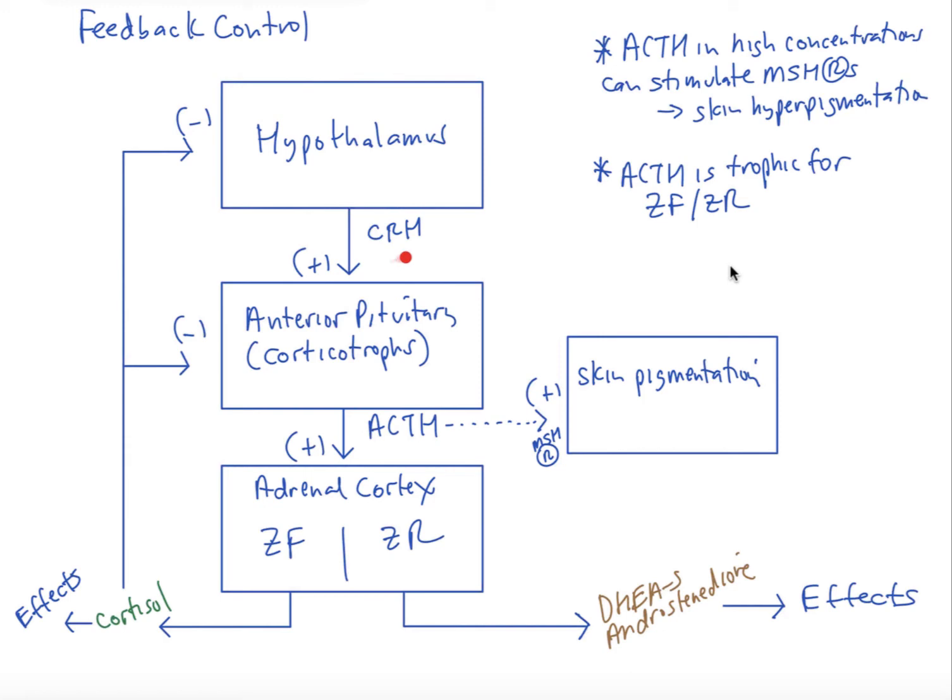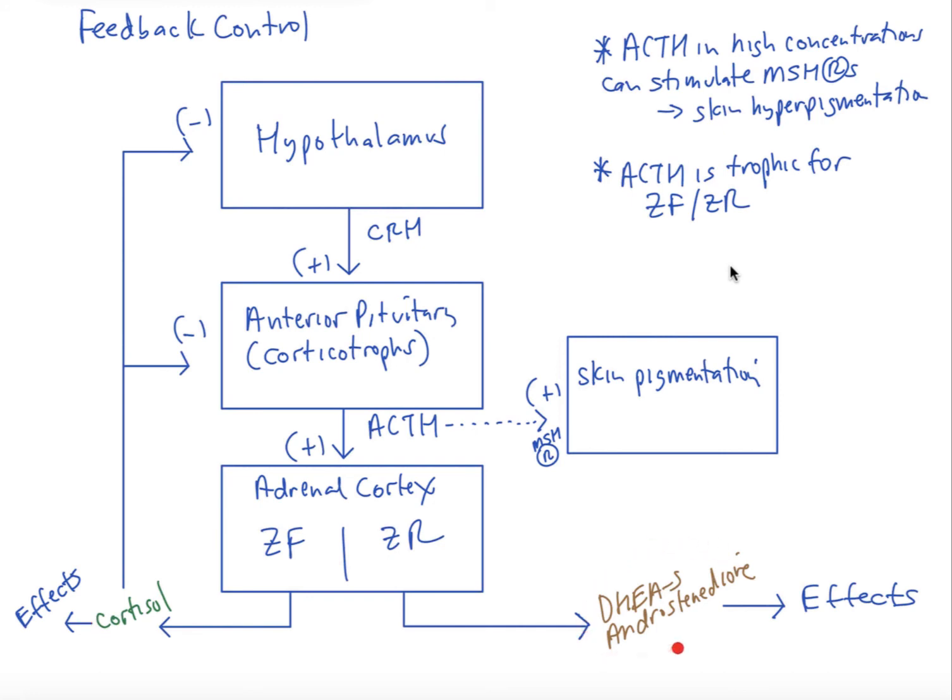So we see here that CRH, corticotropin releasing hormone, has a positive influence on the corticotropes, which secrete adrenocorticotropic hormone, or ACTH, and ACTH binds to ACTH receptors, which now exert its effect on the adrenal cortex, zona fasciculata, and zona reticularis. The effects here are to increase the production of the adrenal androgens and cortisol.